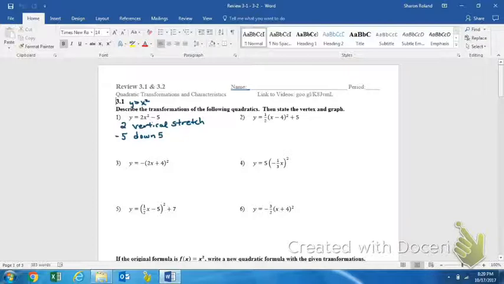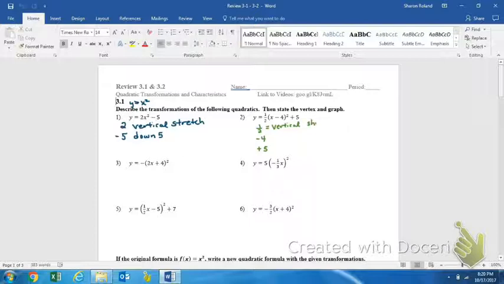On number 2, you have 3 things that have been added to it. You have a 1/2, you have a -4, and you have a +5. The 1/2 is in front of the function, which is quadratic, so if it's in front of the function, it's going to be vertical. If it's a fraction, it's a vertical shrink.